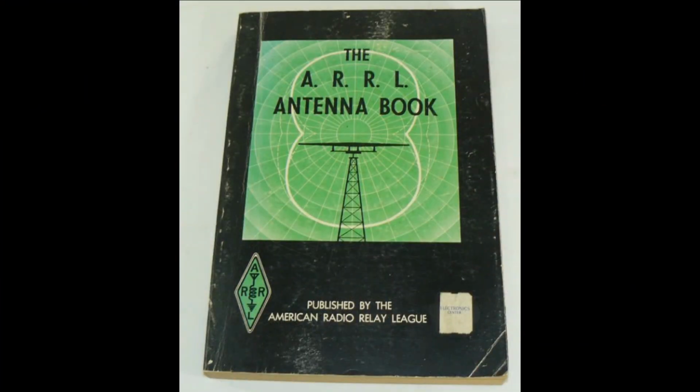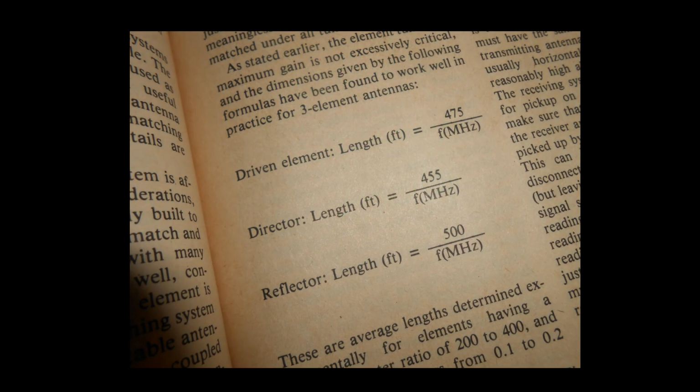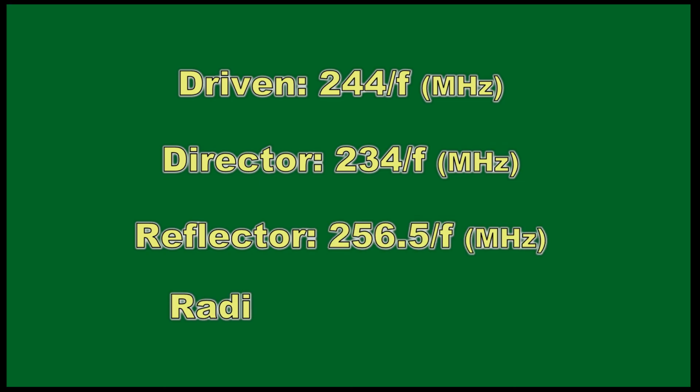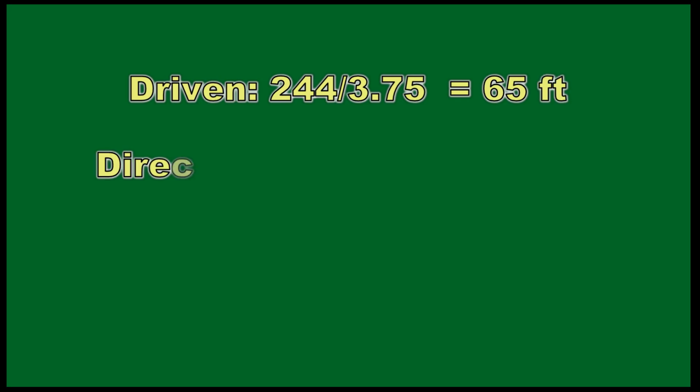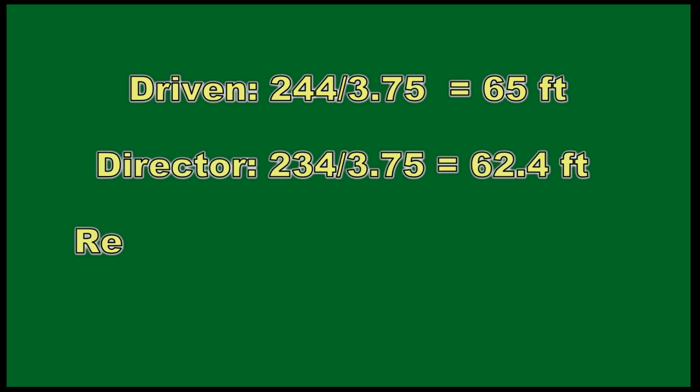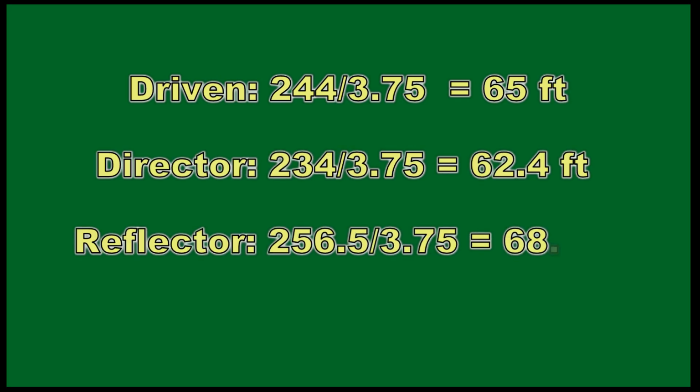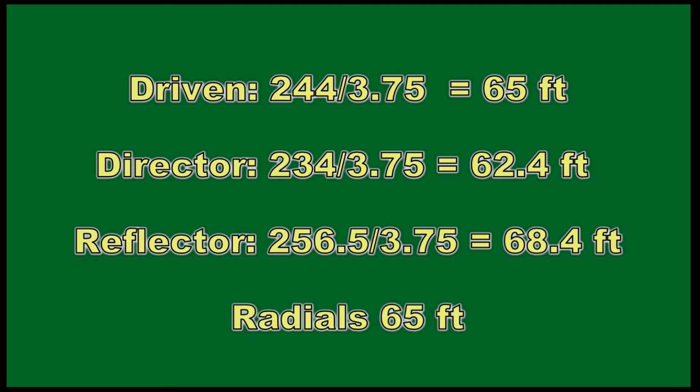Now in the antenna handbook, they do have a formula for determining the reflector and the director in a beam, but of course these are vertical antennas, so they're much closer to the original half-wave dipole, quarter-wave numbers. So the numbers are actually a little bit larger than if you use those numbers that are in the handbook. So for instance, here's the driven, the director, and the reflector.